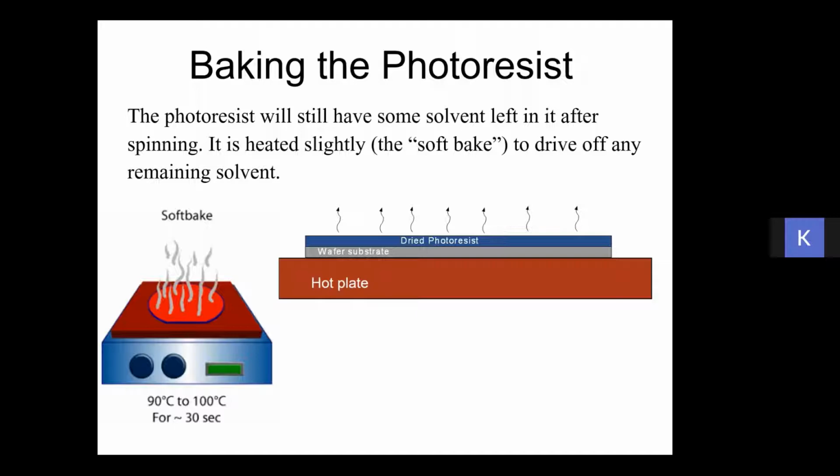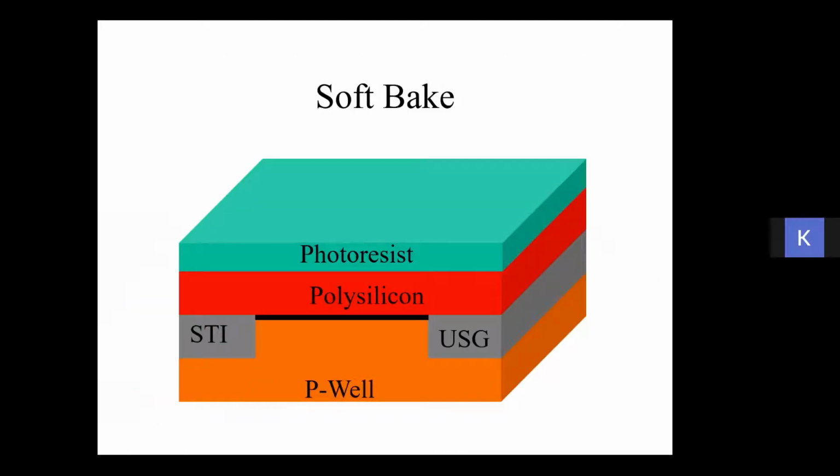So this is required, and this is called soft baking. After soft baking, the resist thickness will decrease a bit because you have removed some of the liquid part from it. Okay. So up to this is over. That means you have done the coating part.